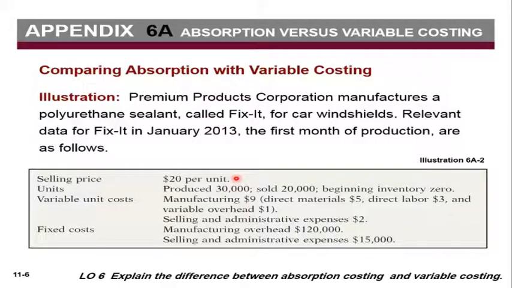In the next video, we will start with the first example to demonstrate the differences in calculating the per unit cost using absorption and variable costing methods, and in preparing the income statement using the two methods.